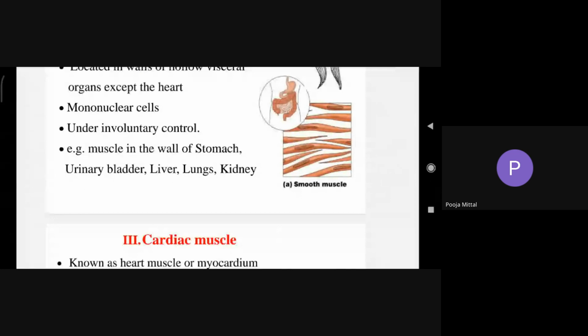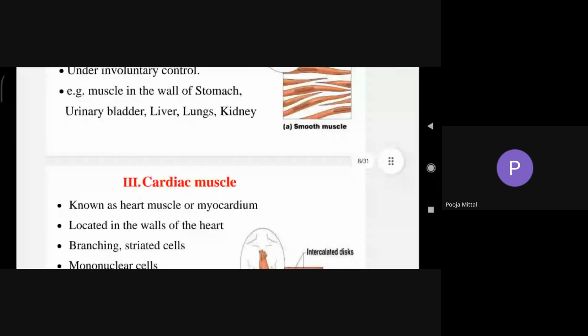They are under involuntary control; we cannot control smooth muscles. We cannot increase or decrease our peristalsis, right? Examples are muscles in the wall of the stomach, urinary bladder, liver, lungs, kidney.